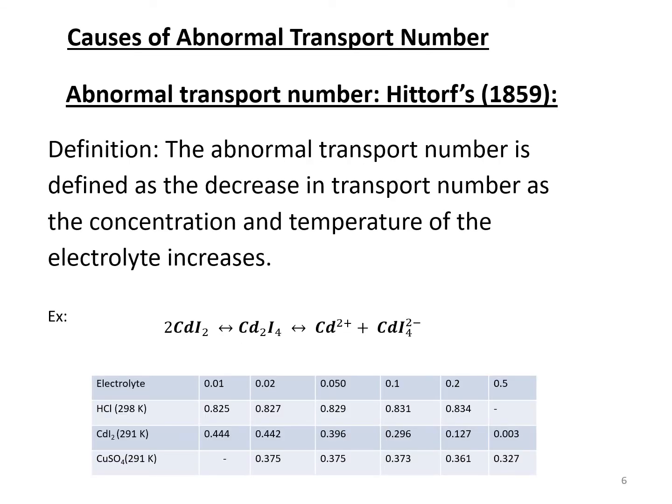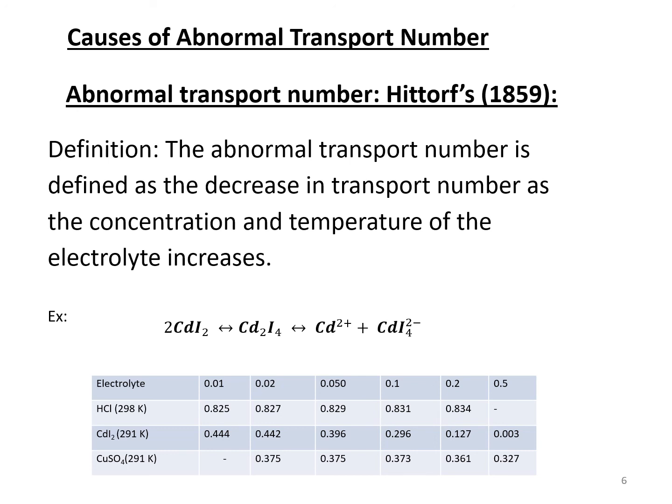Next, let us go to the causes for abnormal transport number. What is the meaning of abnormal transport number? The abnormal transport number is defined as the decrease in transport number as the concentration and temperature of the electrolyte increase. Let us understand it in a little more detail.